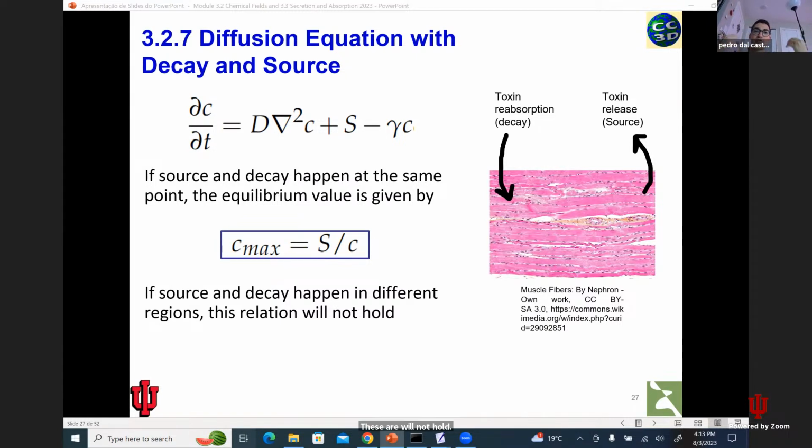Although in this equation that I am using as an example, both source and decay are happening everywhere, you can specify a location for them to occur. In this case, they will not be just a constant S or gamma. They would be a function. They would be a field by their own, something that depends on the space, and sometimes depends on time as well. So if you specify specific locations, this relation will not hold.